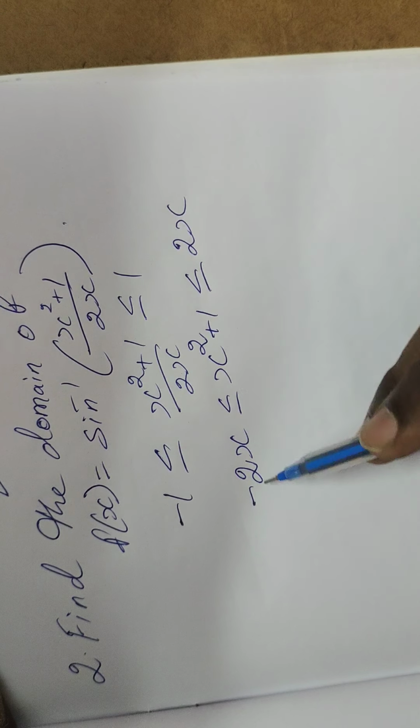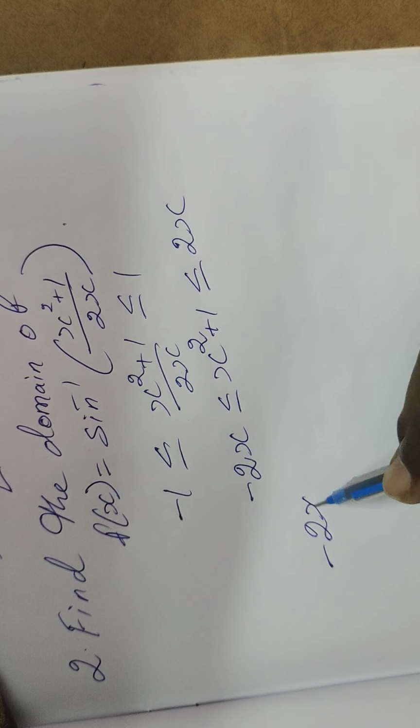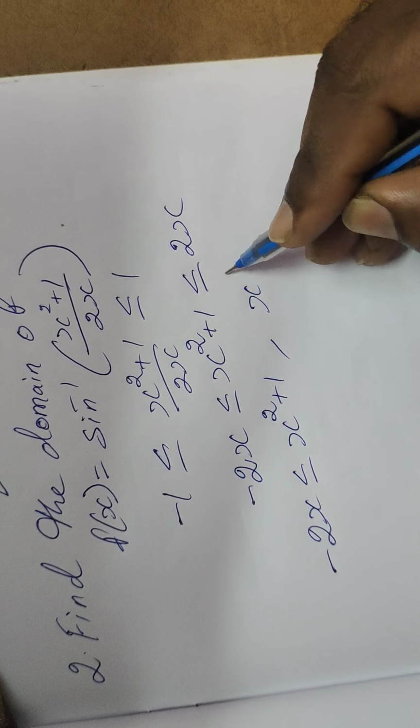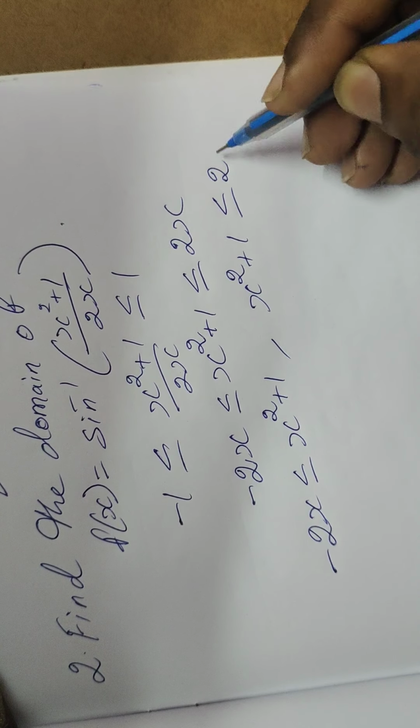Now I am taking this value separately. Minus 2x less than or equal to x square plus 1, and x square plus 1 less than or equal to 2x.